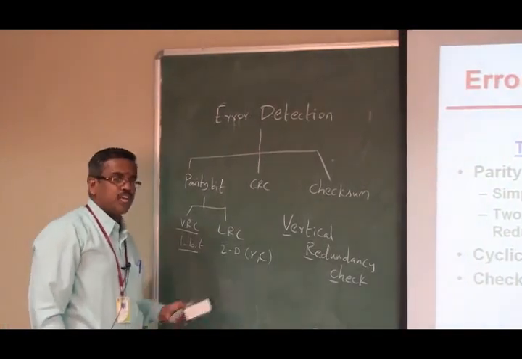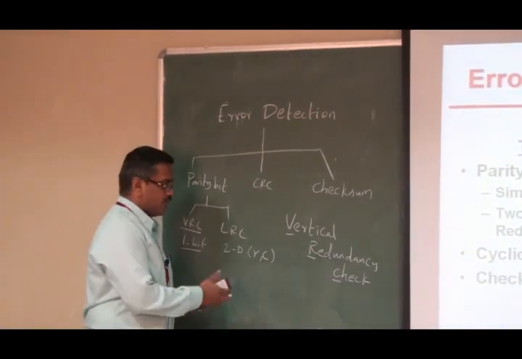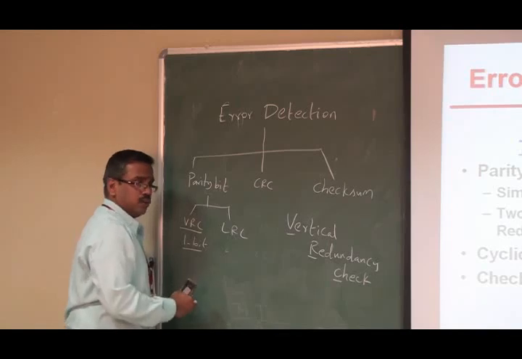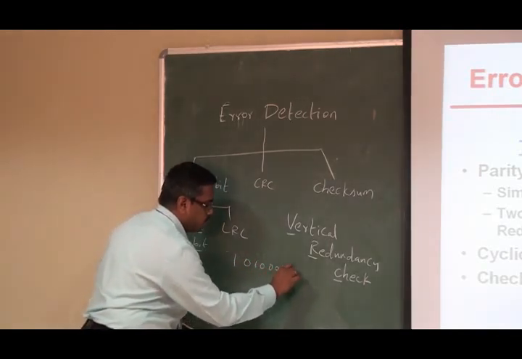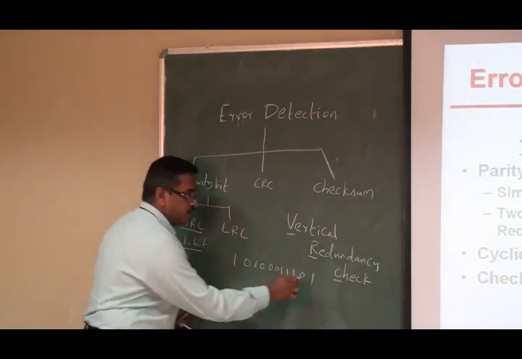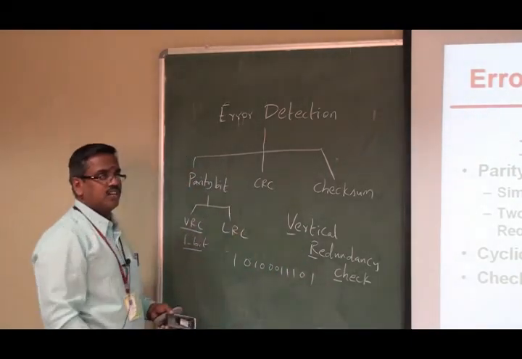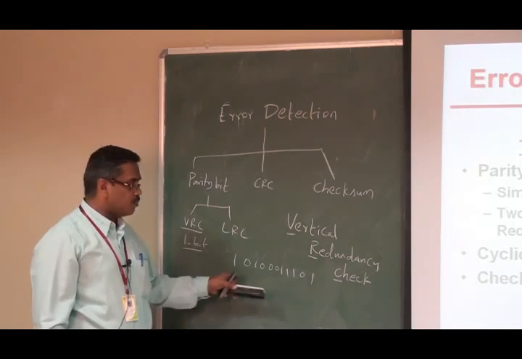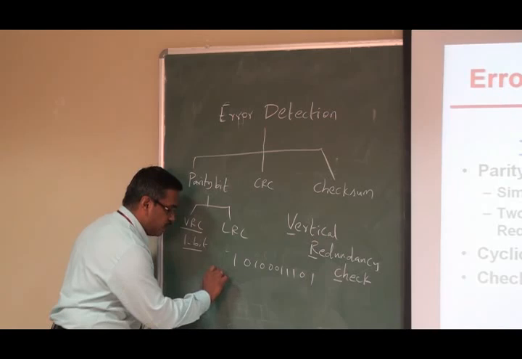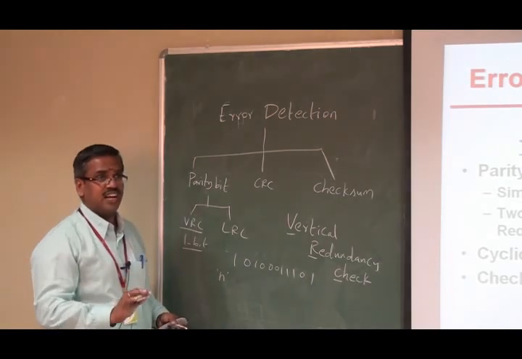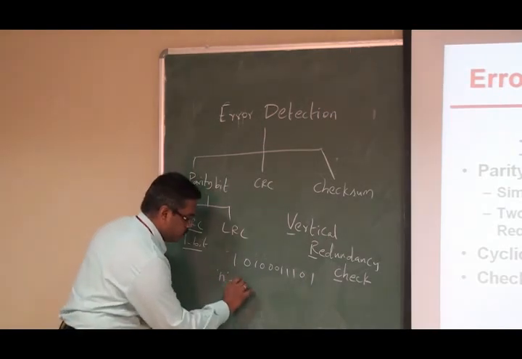So what is the technique followed here? There the bit streams are there, 1 0 1 0 0 0 1 1 1 0. Likewise a bit stream is available, it's a message. From that bit stream you can fix n number of bits as an original data unit.